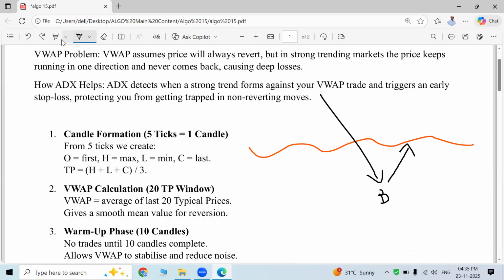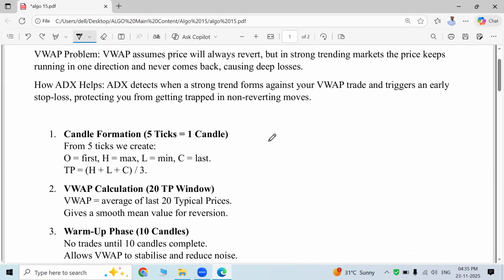So let me tell you what VWAP is first and how it is calculated. VWAP will be calculated based on the first 5 ticks of the candle. So first we will decide the value of HLC, that is the high value of the candle, low value of the candle and close of the candle, divided by 2.